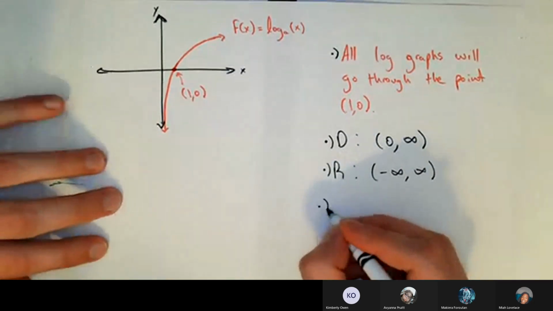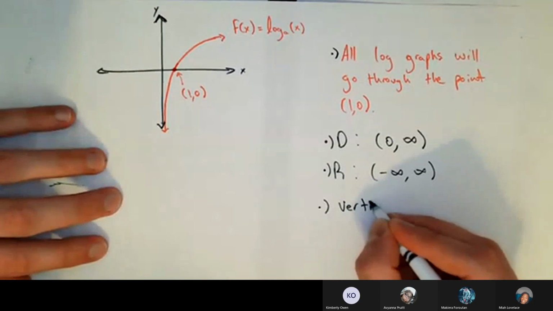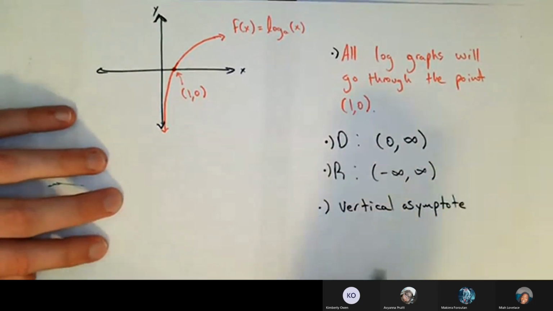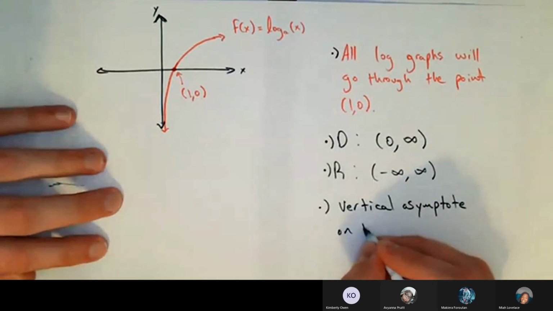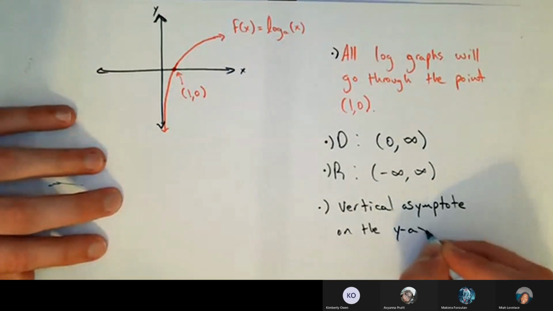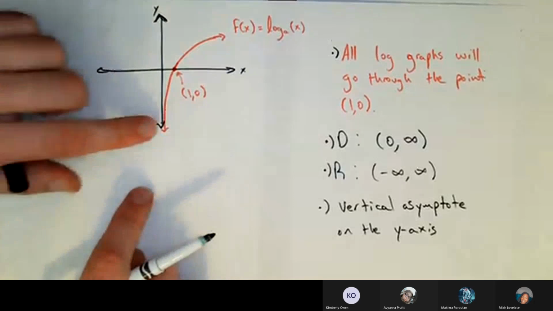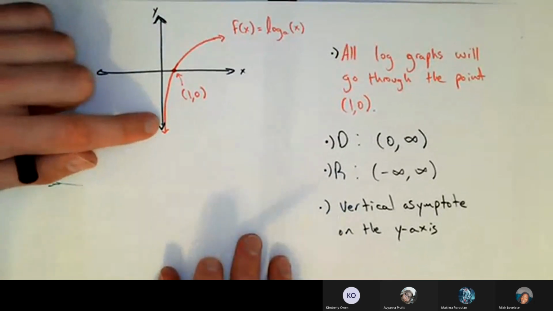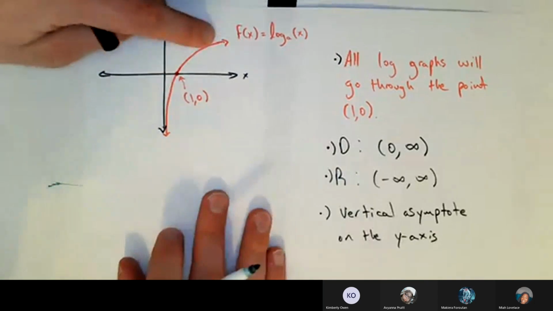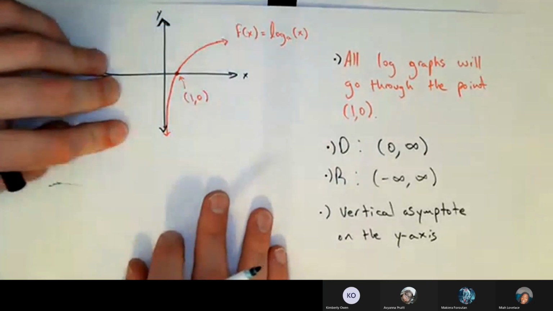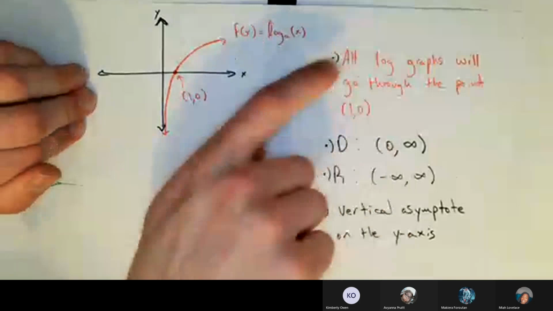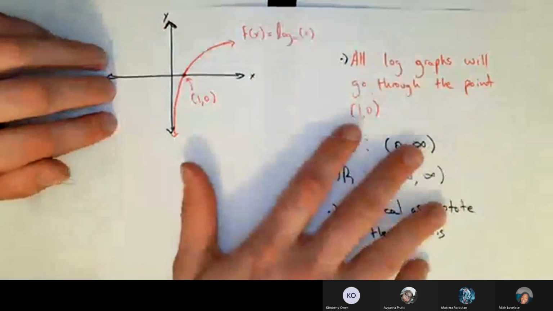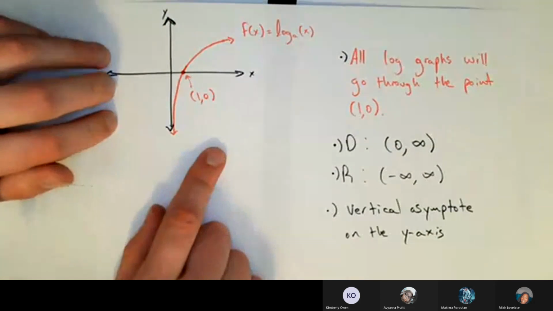Let's say that it does have a vertical asymptote right here on the y-axis. So it can never actually touch the y-axis. Down here, it's going to get really infinitely close to the y-axis, but it'll never actually touch it. And over here at the top, it's going to keep growing unbounded. It's growing very slowly upwards, but it is growing upwards.